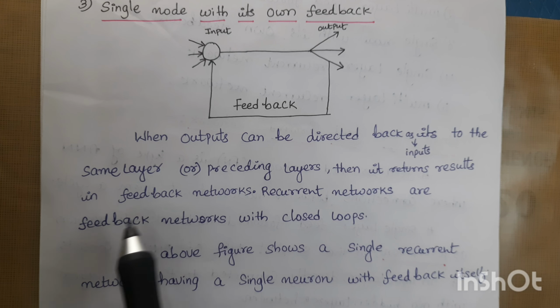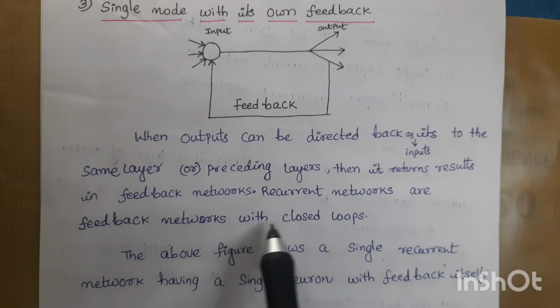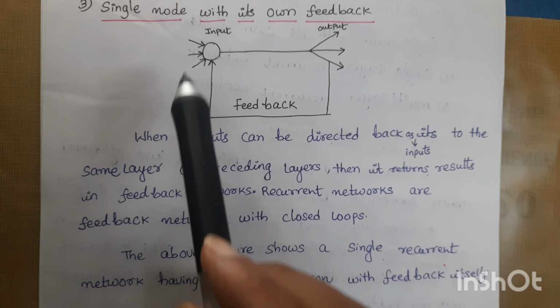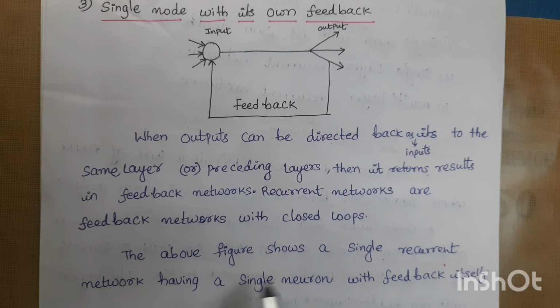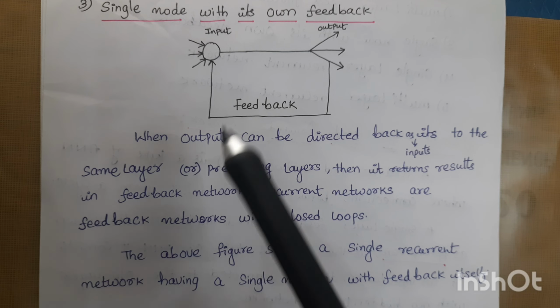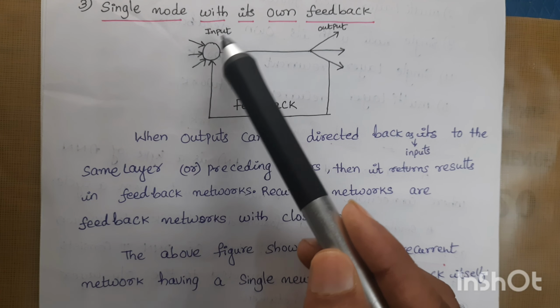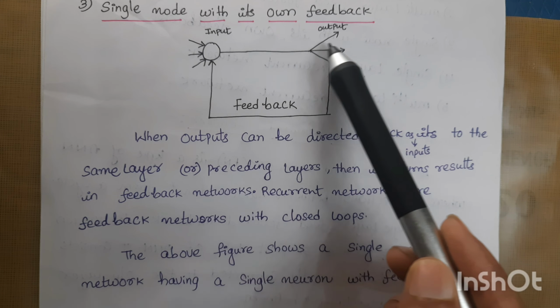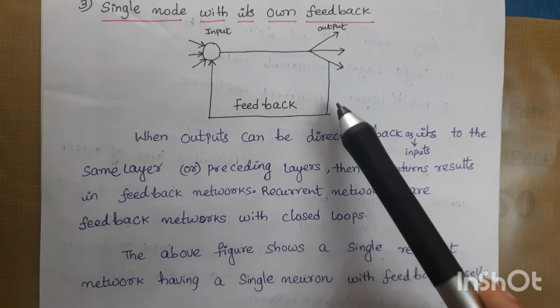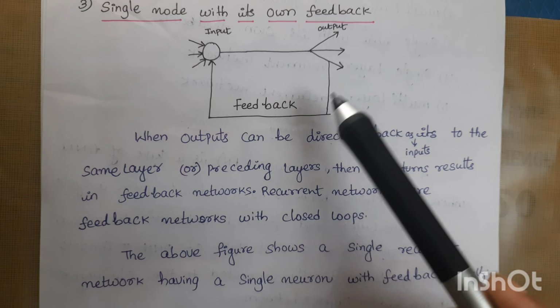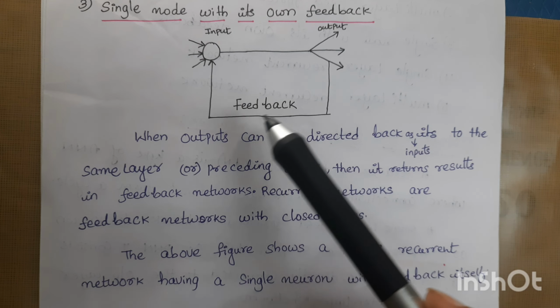So recurrent networks are feedback networks with closed loops. This is called a loop. The above figure shows a single recurrent network having a single neuron with feedback to itself. So when we send the input, output will be generated, and feedback is going to be generated into the input.